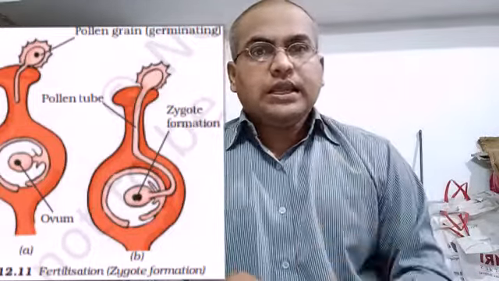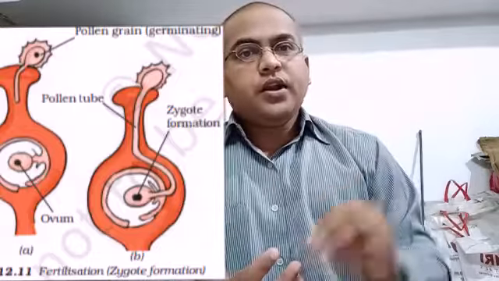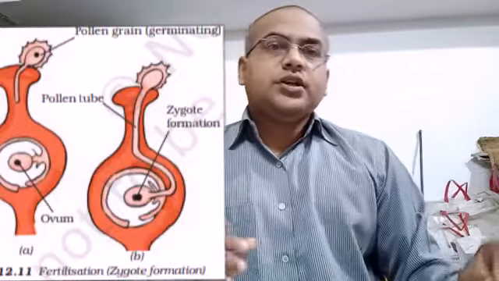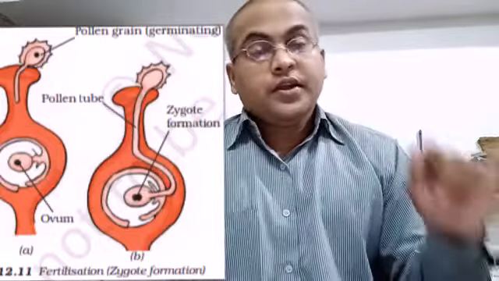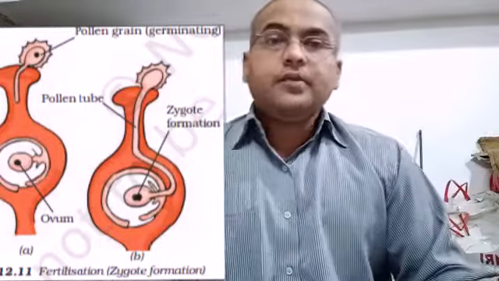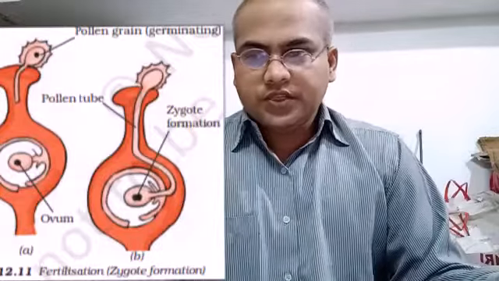Number two, if the pollen of a flower lands on the stigma of a flower of a different plant of the same kind, it is called cross-pollination.